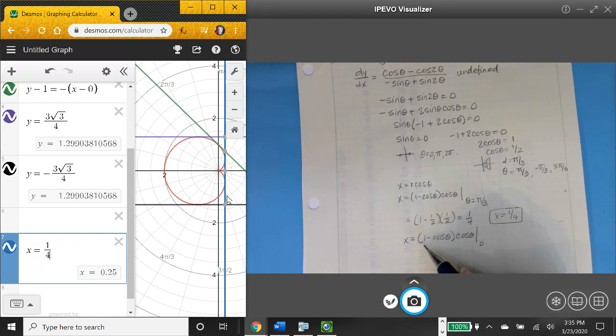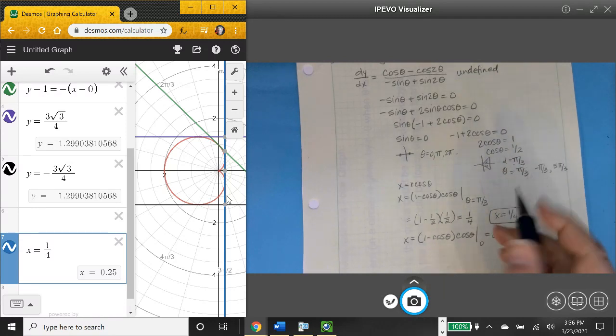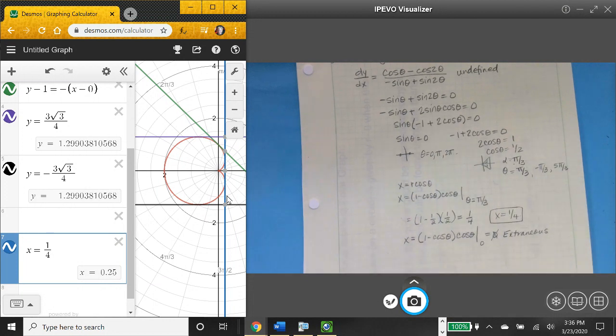Well, I get 1 minus 1, because the cosine of 0 is 1, times 1, which is 0. So this equals 0. So that's not undefined, is it? No, it's at x equals 0. But this is extraneous, because when theta is 0, it doesn't look like I got a vertical tangent there. But let's see what happens when theta is pi.